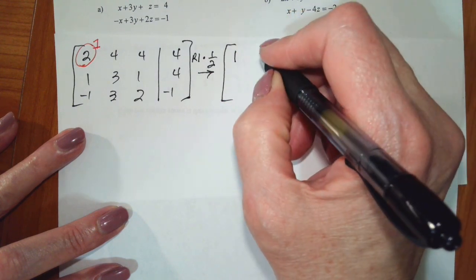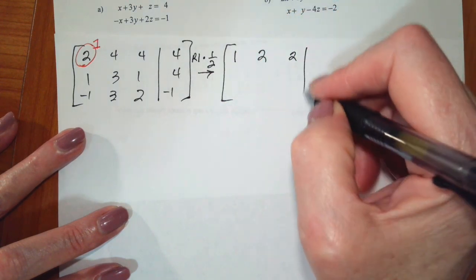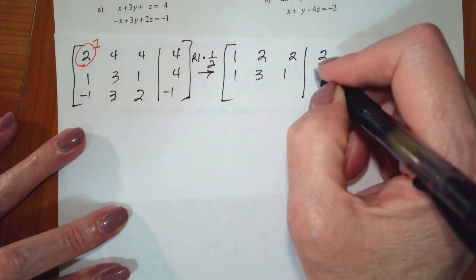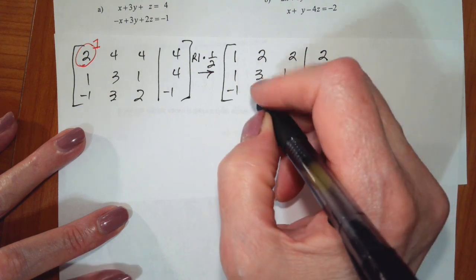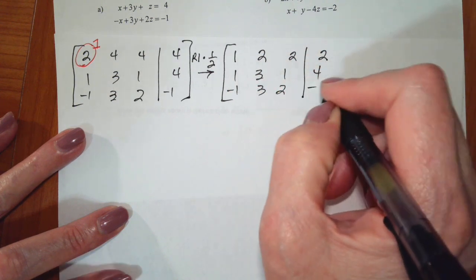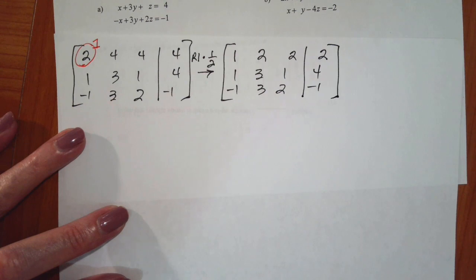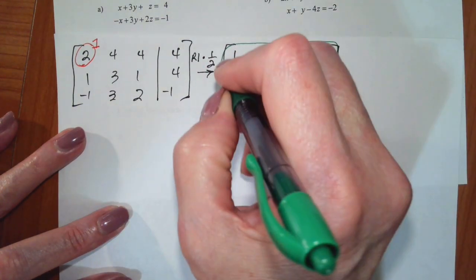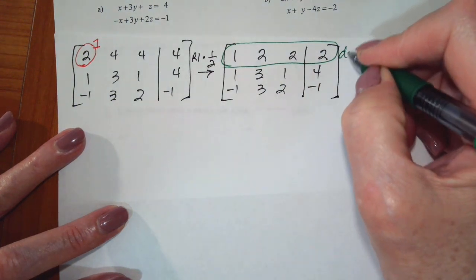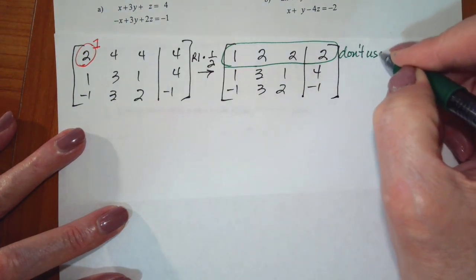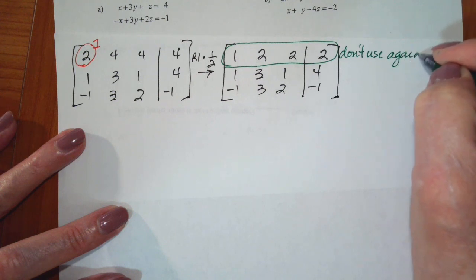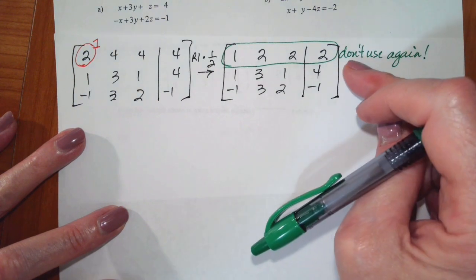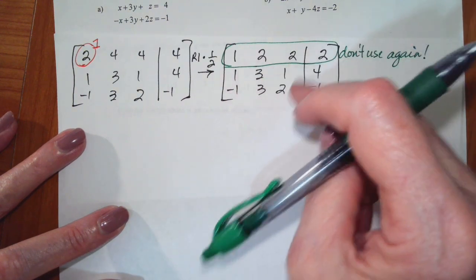So that becomes 1, 2, 2, 2; 1, 3, 1, 4; and negative 1, 3, 2, negative 1. This row is perfect, so I won't use it again. Now I'm just going to look at these two.